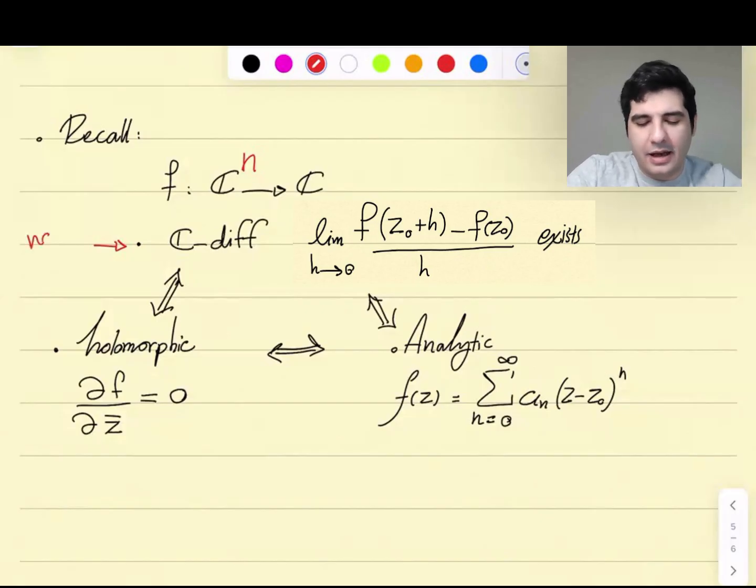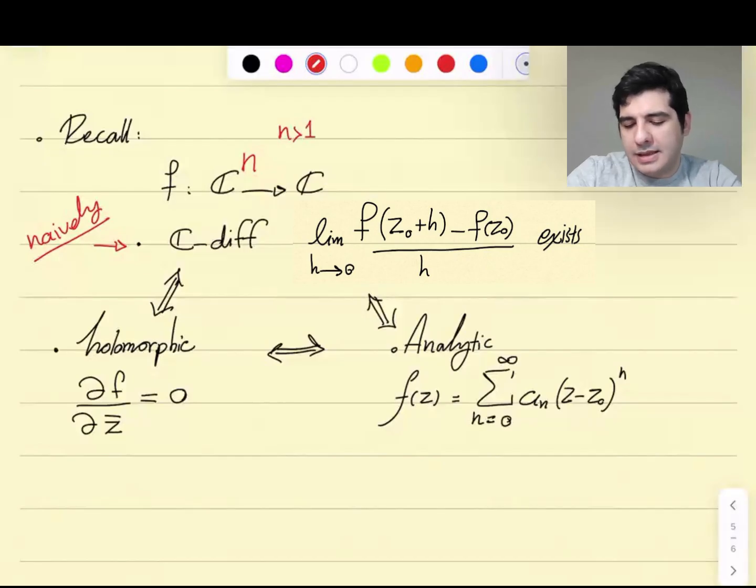The problem is that the domain is n-dimensional. So if n is greater than 1, h would be in Cn, so dividing by h doesn't make sense. We should change this a little bit to make sense of it, and it can be done.